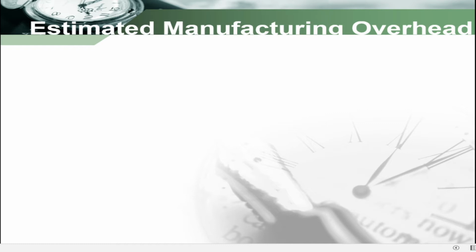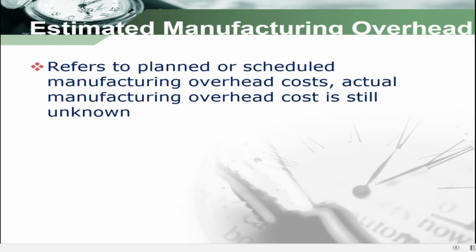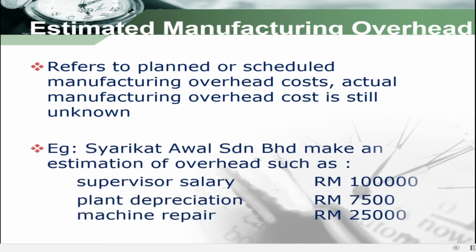Estimation manufacturing overhead refers to planned or scheduled manufacturing overhead costs for the future. Actual manufacturing overhead cost is unknown. That's the meaning of estimation manufacturing overhead.